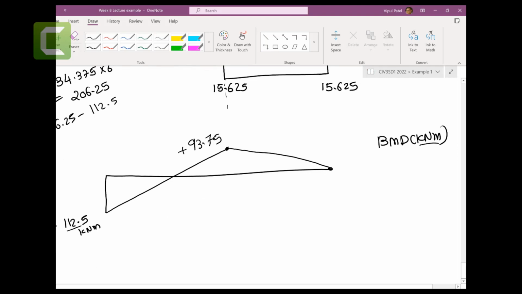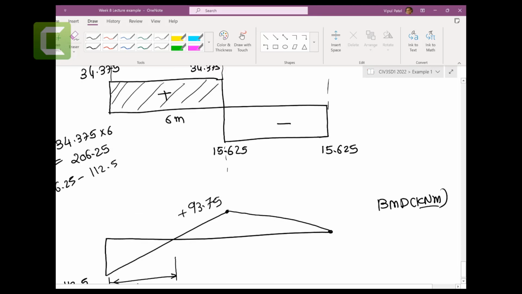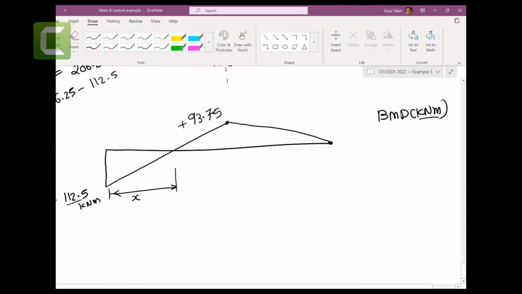Now you might need to find this distance x. The slope of the line, you can find it by taking this 93.75 take away 112.5 over 0 take away 6.